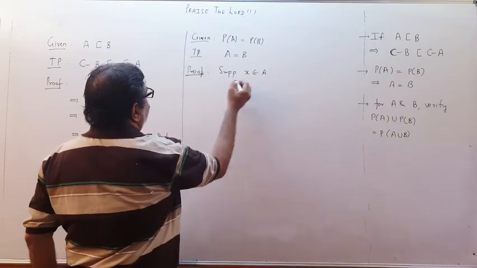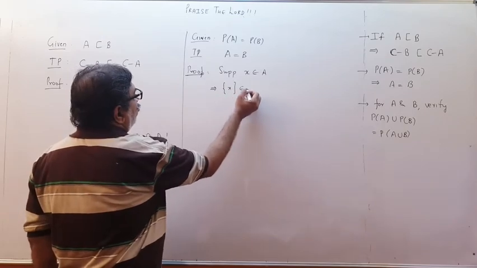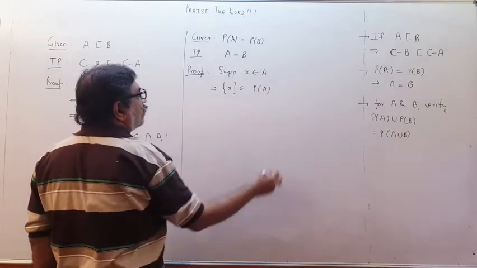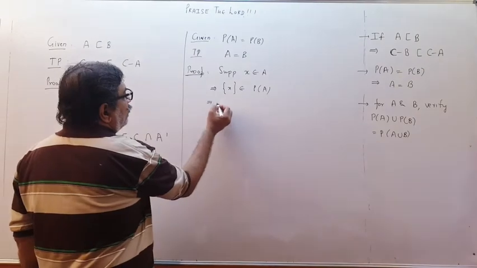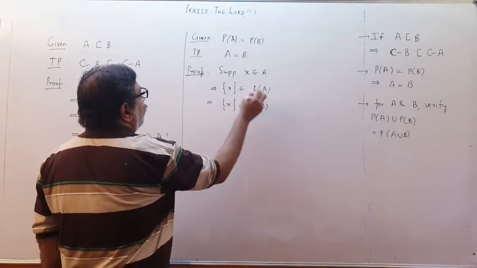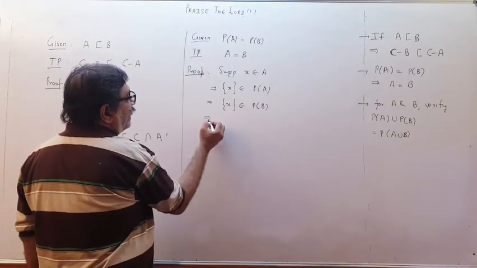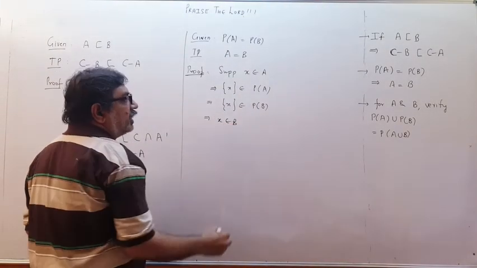X belongs to A. That means set X will belong to power set of A. And that means set X will also belong to power set of B because these two are equal. So this can be in PB only when X is in B. Understand?